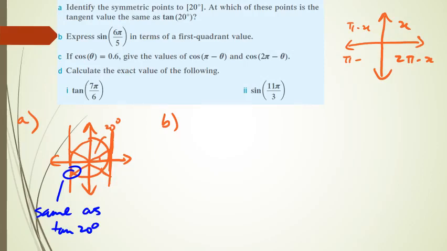Or do you need to think about this first, on which region it is? Alright, which region is it in? 1, 2, 3, or 4? I keep saying region. Which quadrant is it in? Oh, 6 pi over 5. Is it more than 1 or less than 1?